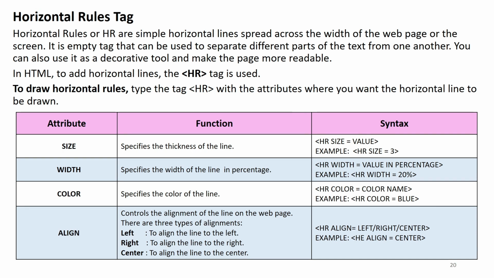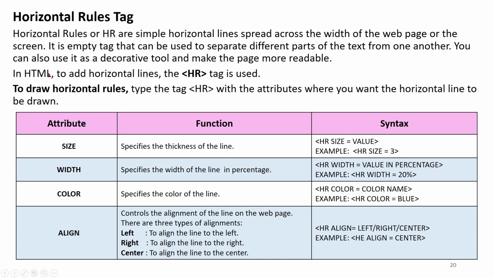You can also use it as a decorative tool and make the page more readable. Children, you also must be giving lines in your answer sheets or in the notebooks to decorate your pages or to separate one answer from the other.